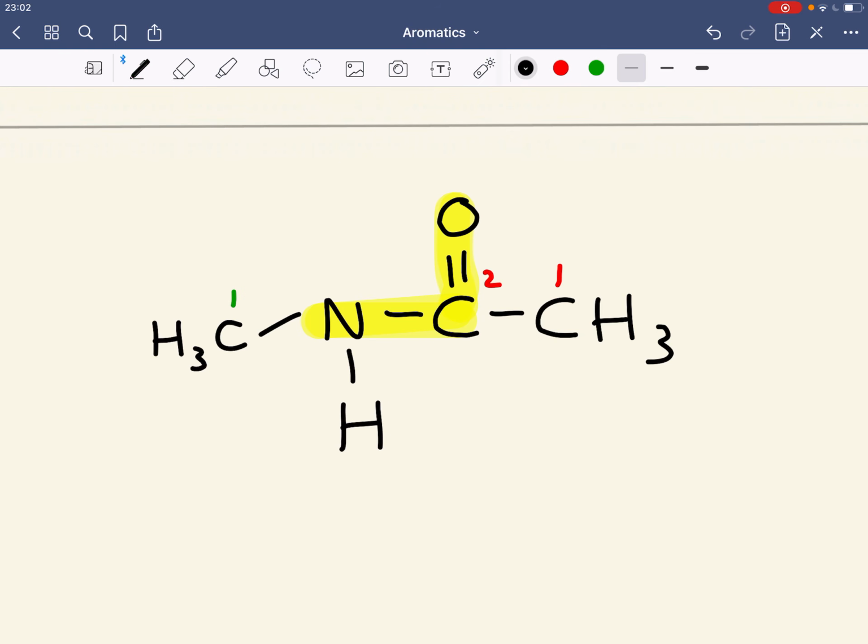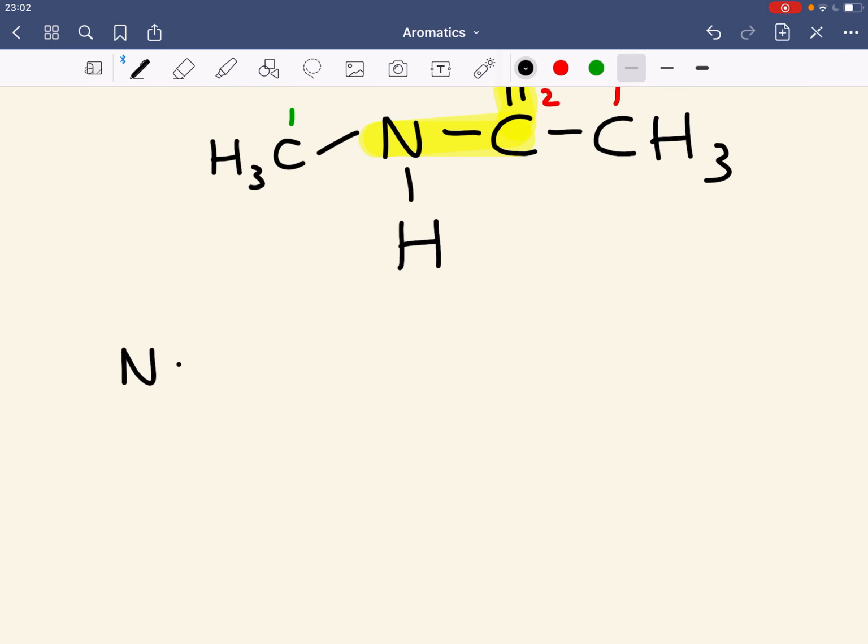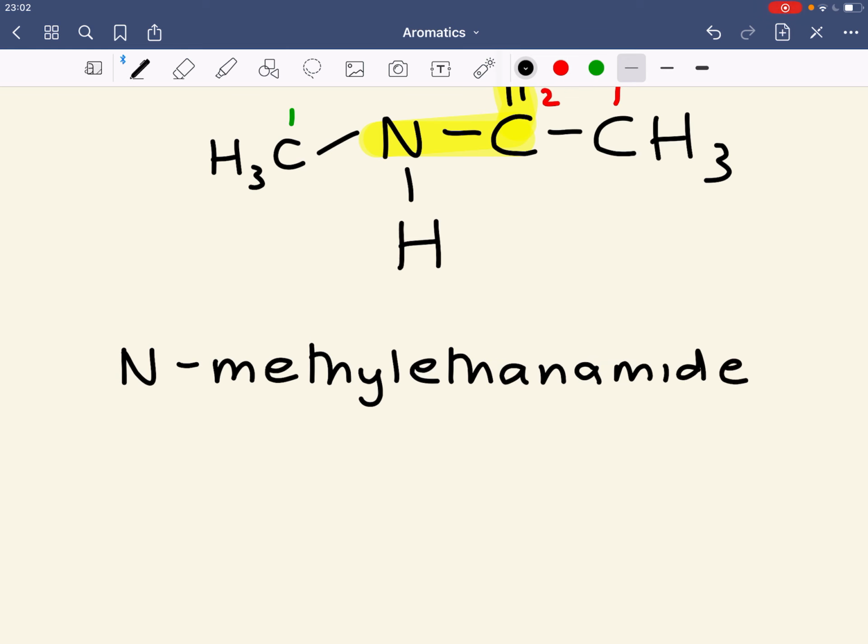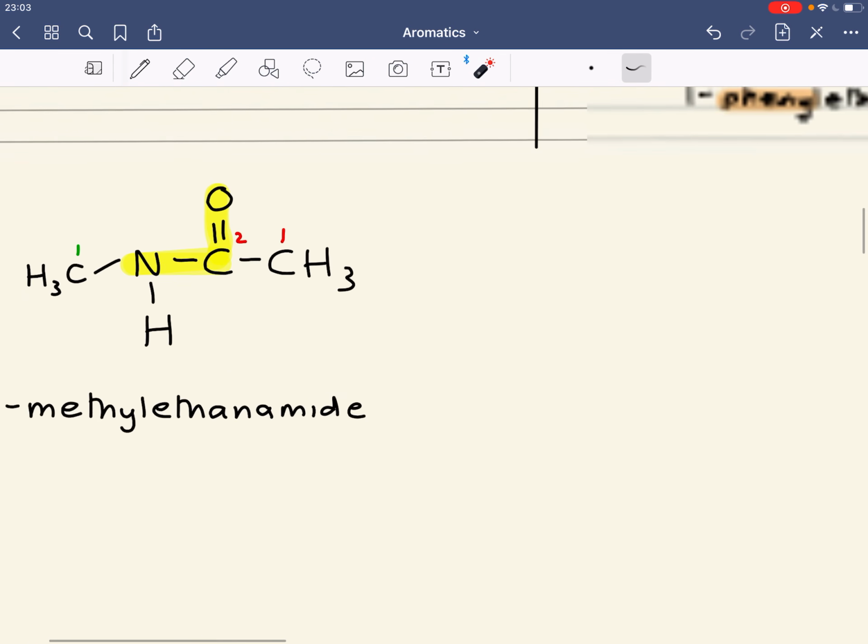That there, if we were to name it, would be N-methylethanamide. I've got a methyl group here attached to my nitrogen. The eth bit here is because I've got 2 carbons here, and the N-methyl is because I have methyl on the nitrogen.